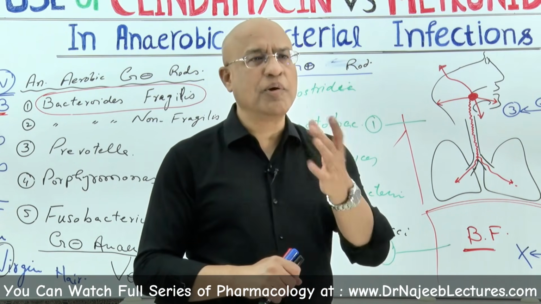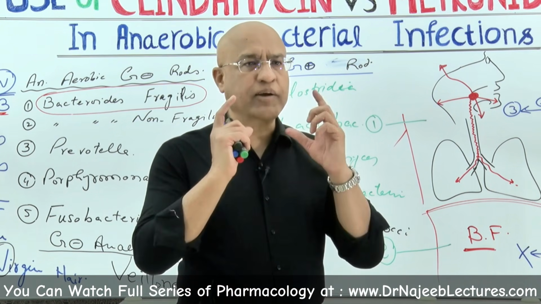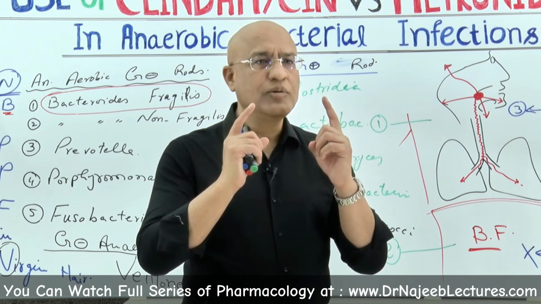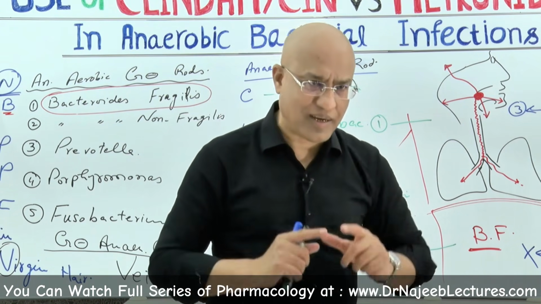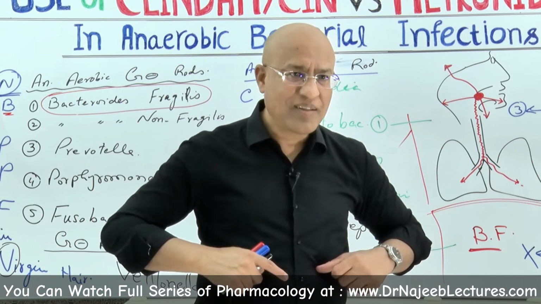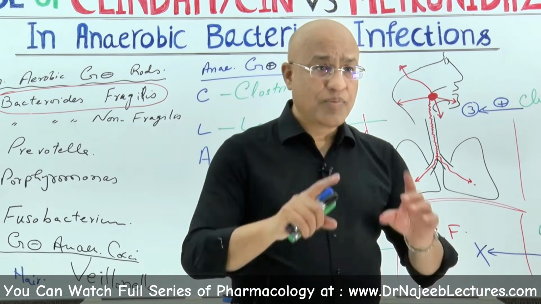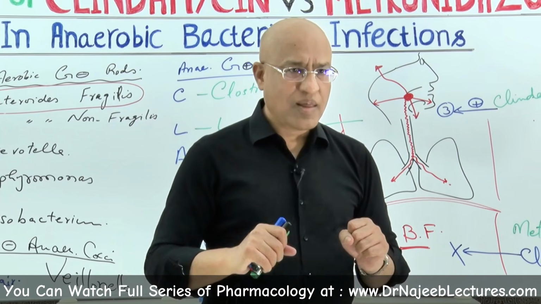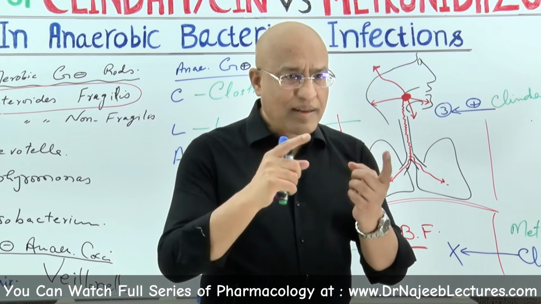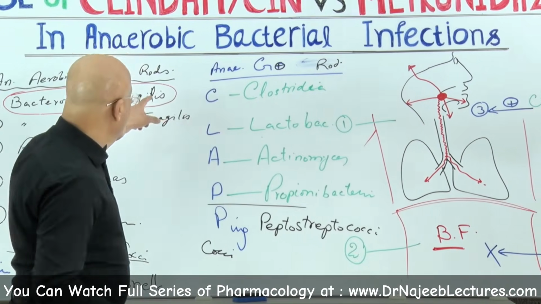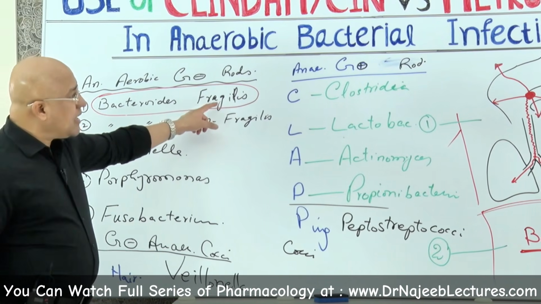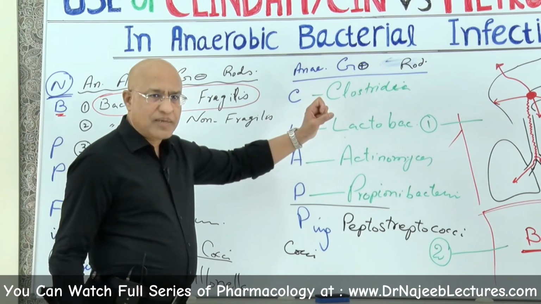Number two, in oropharyngeal microbiota, Bacteroides fragilis is usually not there. That is more common in the colon. We will talk later. Next, even Clostridia are less common.